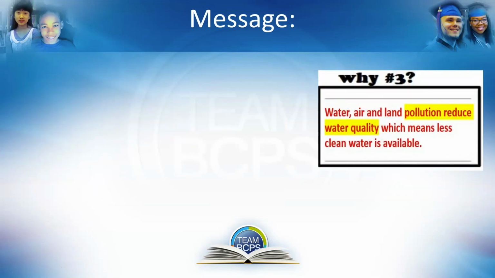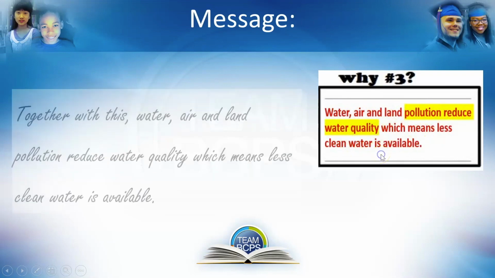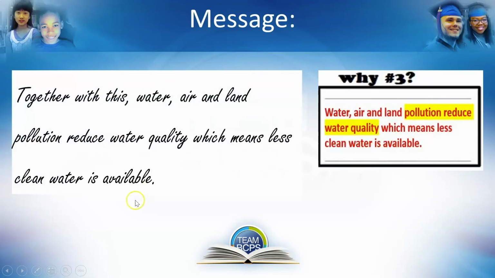Let's move on to reason number 3. We said water, air, and land pollution reduce water quality, which means less clean water is available. Together with this, water, air, and land pollution reduce water quality, which means less clean water is available.